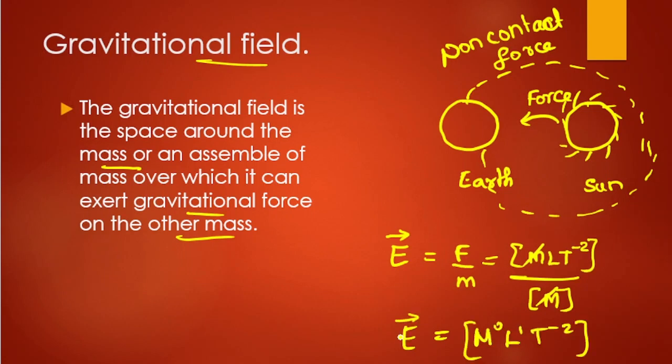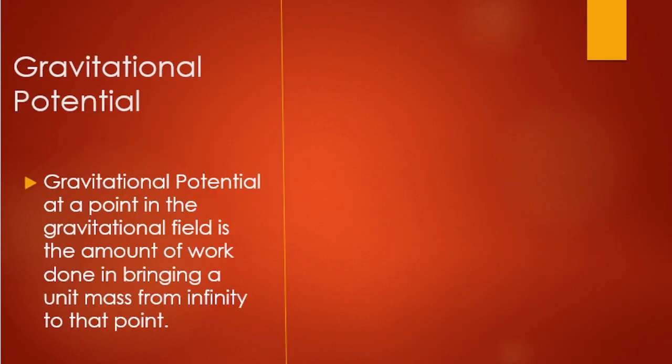Clear? Right. Now let's move to gravitational potential. What is gravitational potential? Gravitational potential in the gravitational field is the amount of work done in bringing a unit mass from the infinity position to that point. So this is a point and this is your mass particle.